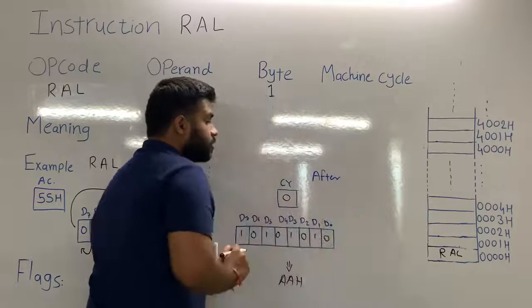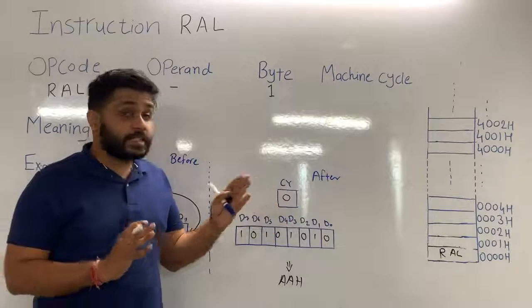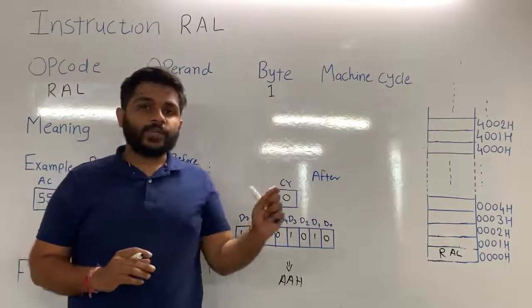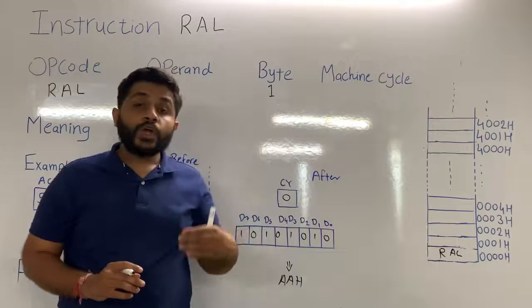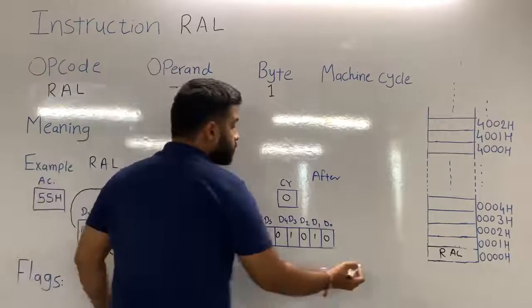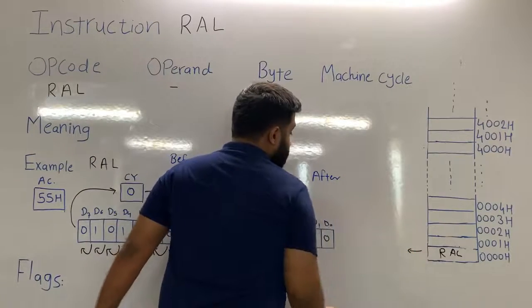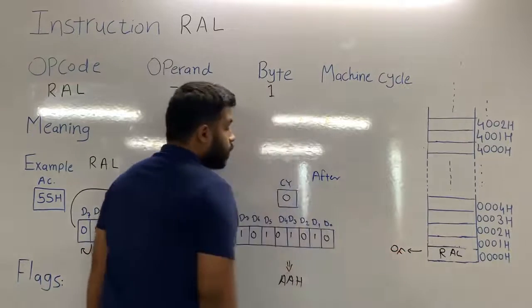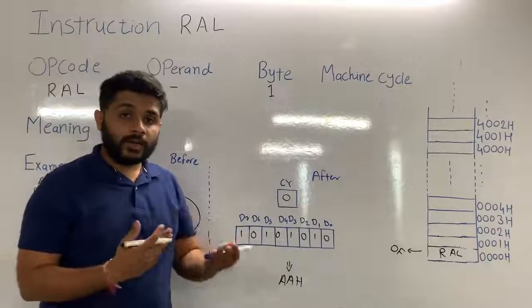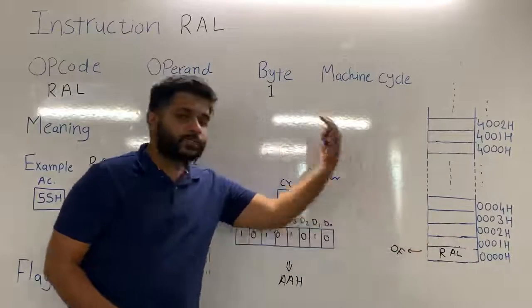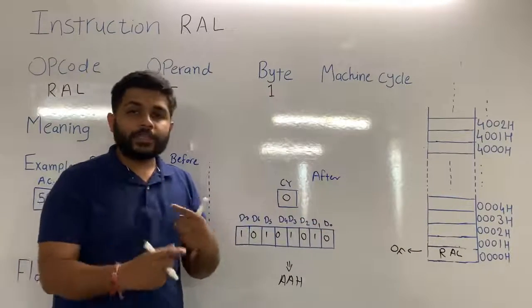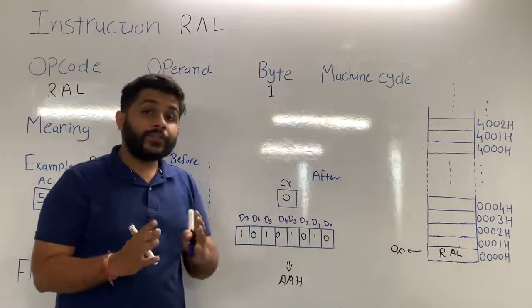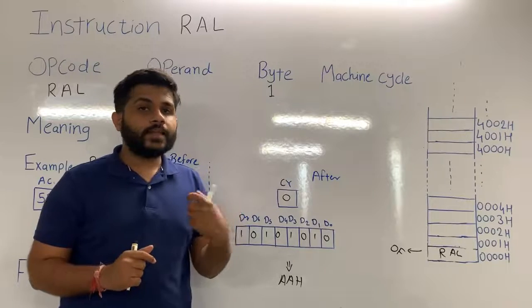After all instructions are stored in the memory, the processor will start doing its task, that is to fetch, decode and execute. To fetch the instruction, the processor will execute the first machine cycle, that is opcode fetch. When opcode fetch is done, this instruction will be transferred to the microprocessor. After that the processor will decode. After decoding, the processor will execute.